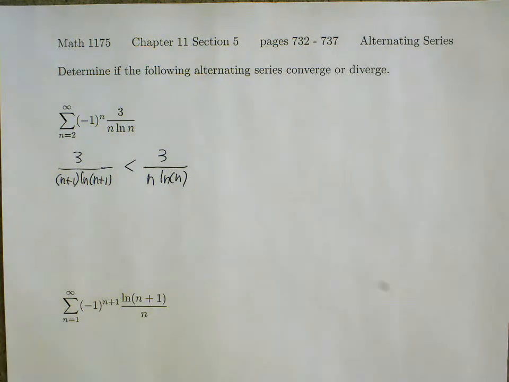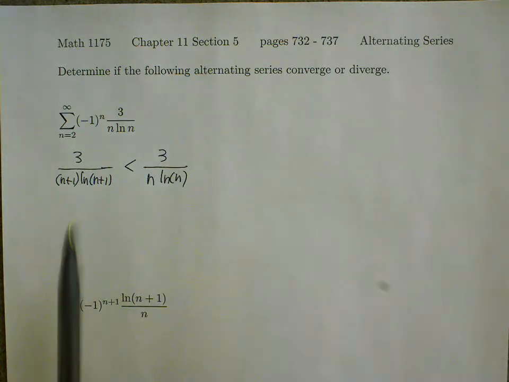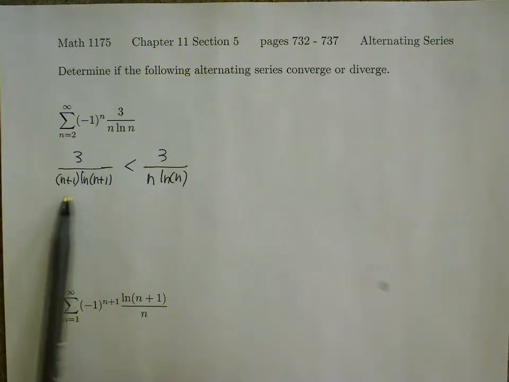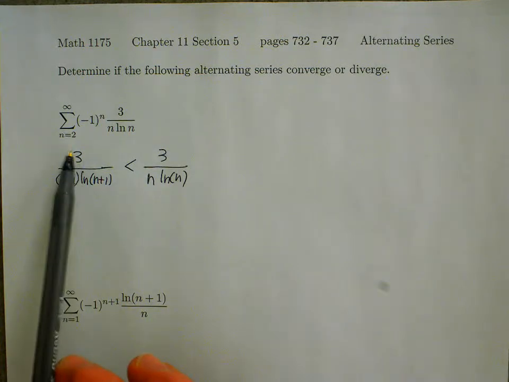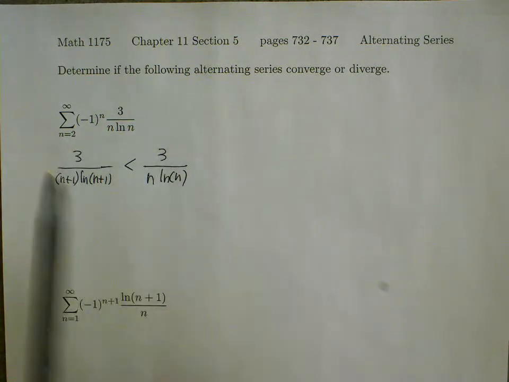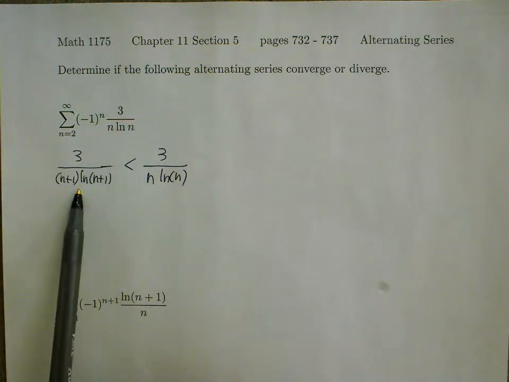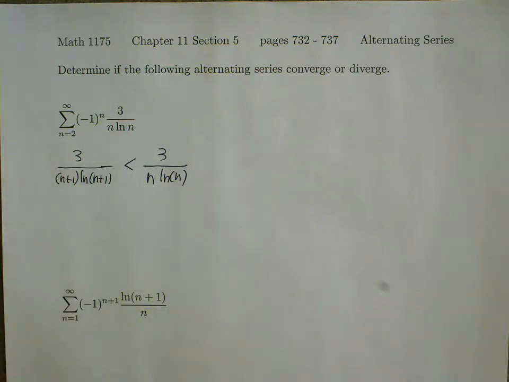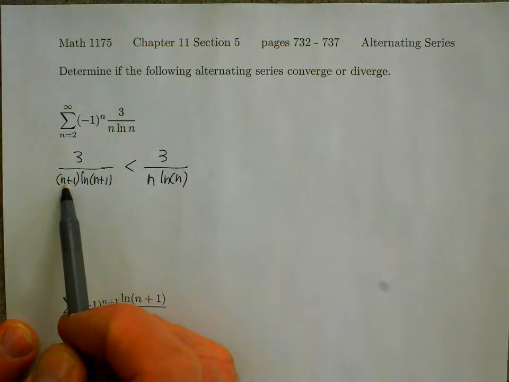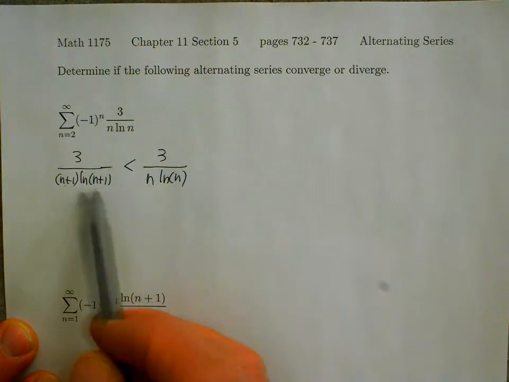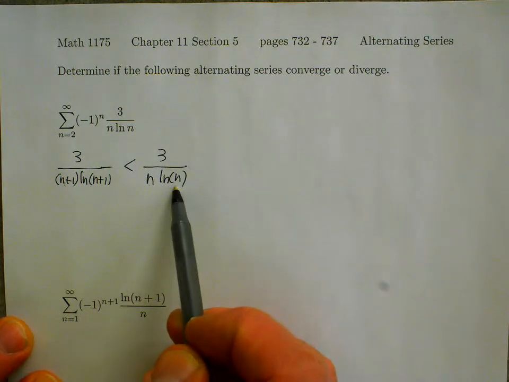So why is that obvious? Yeah, if the numerator stays the same, the larger the denominator, the smaller the number, right? So n plus 1 is larger than n, and the natural log of n plus 1 is larger than the natural log of n.